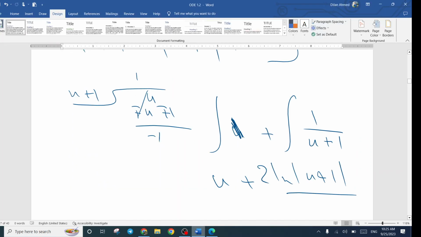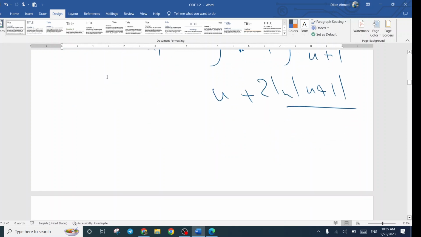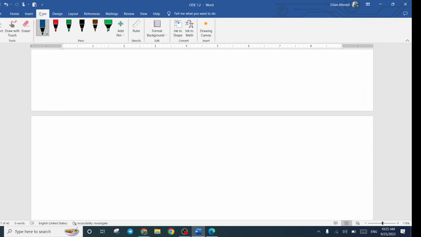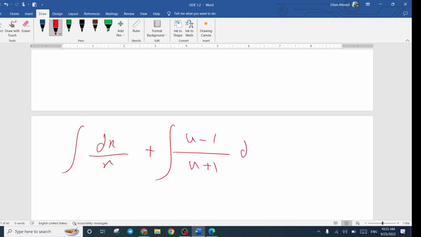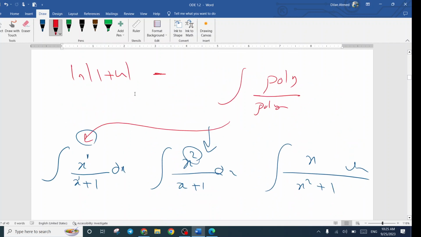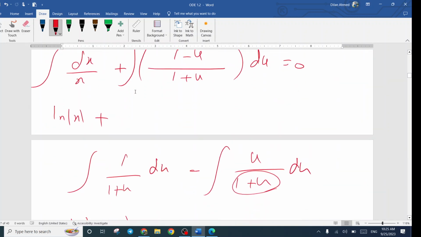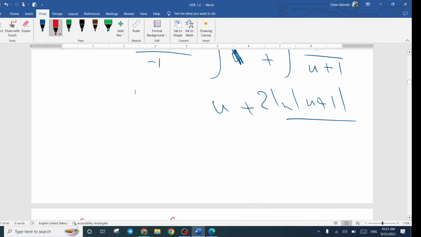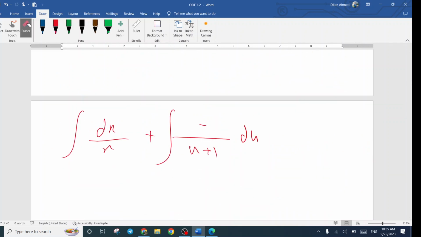Let me do it again for you, because I told you need to really reorganize your things. Am I right? Starting again: 1 minus u, 1 plus u. Okay, let me check. How do we solve this one, you see?